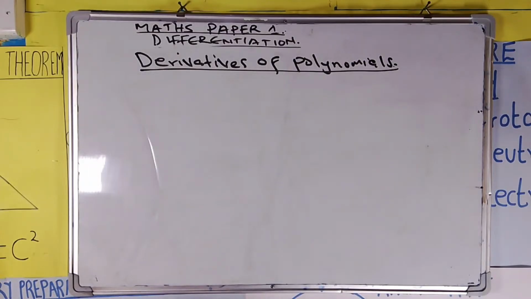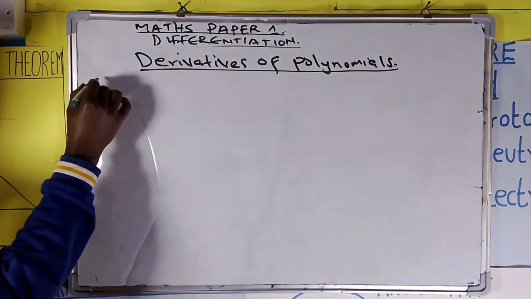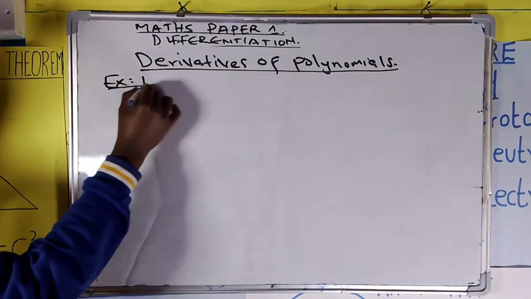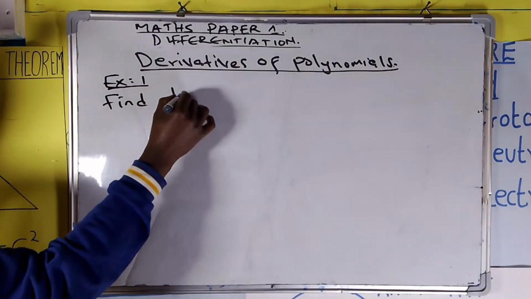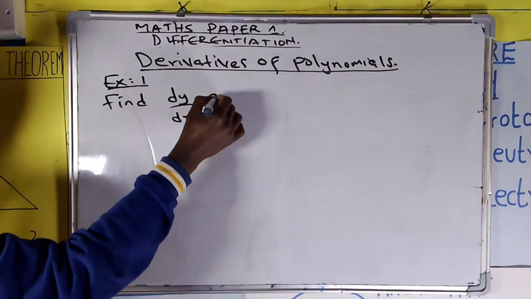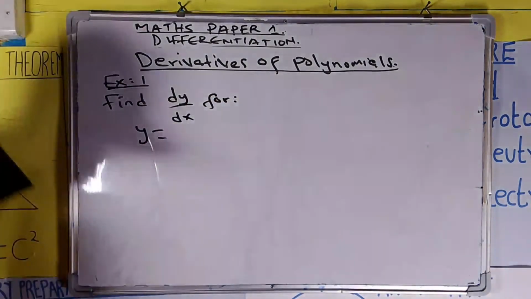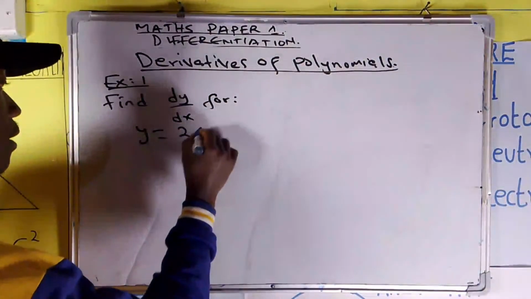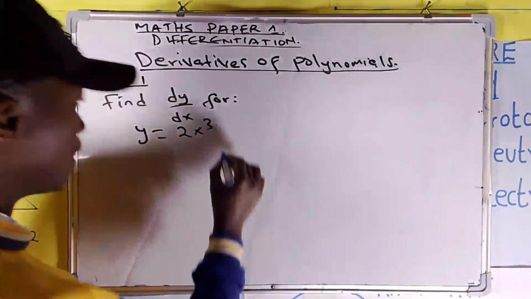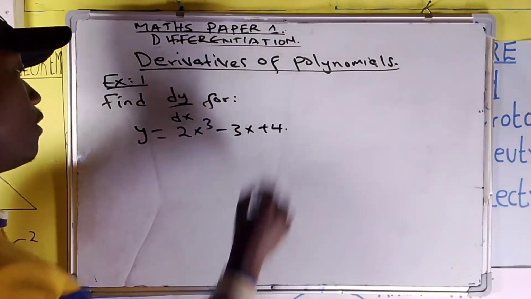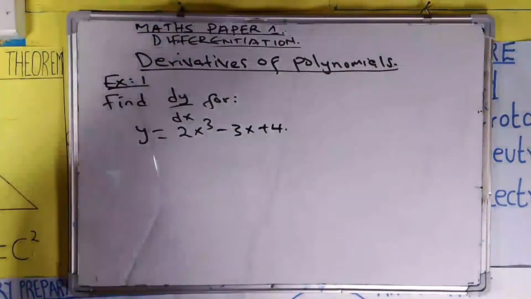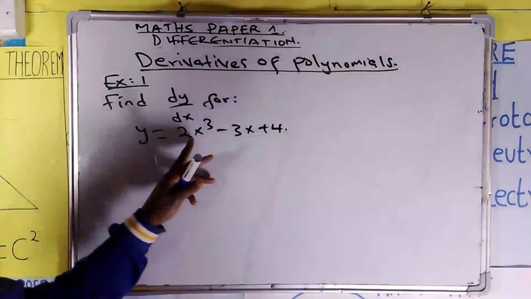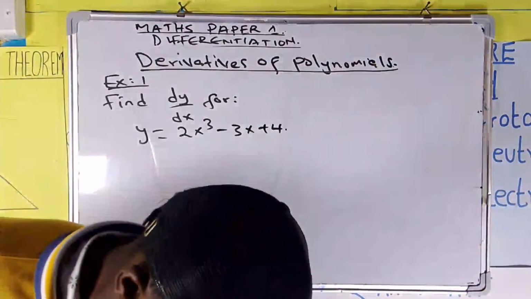A good example of the first function is number 1: find dy over dx for y equals 2x cubic minus 3x plus 4. We call them polynomials because they are not just one term. It is a sequence.